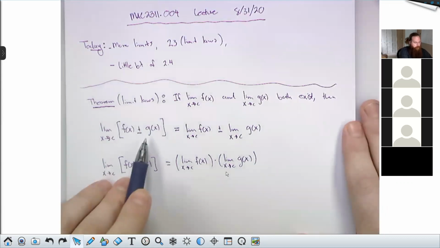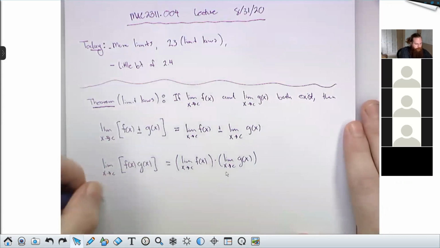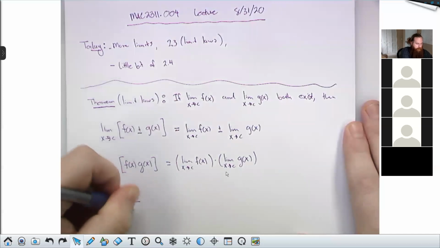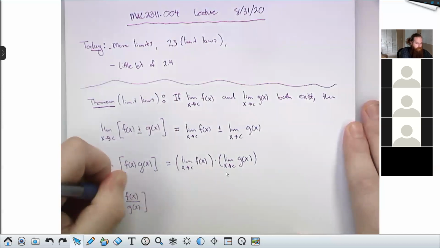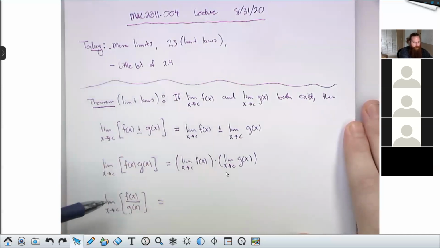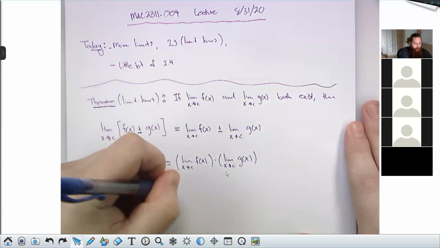If it works for sums and differences, and it works for products, then it works for quotients also probably, and that's true under one additional stipulation. So if you want to take the limit of the ratio f of x over g of x, and again, maybe you don't know what the graph of f over g looks like, but you know what the graph of f looks like, and you know what the graph of g looks like, so you could take the limits of each on their own, then that's just fine.